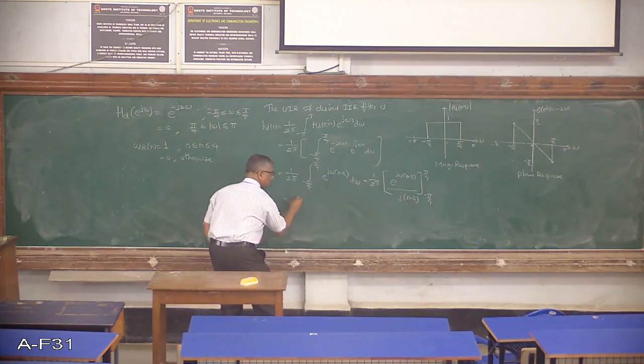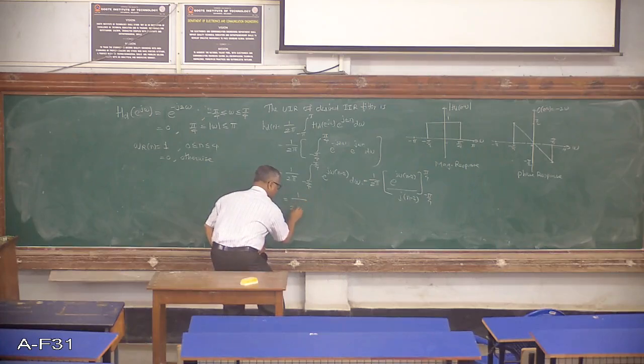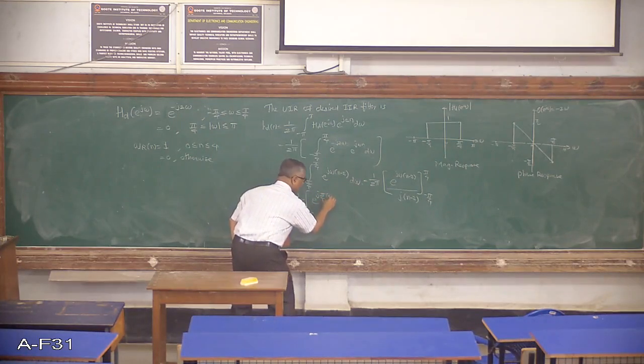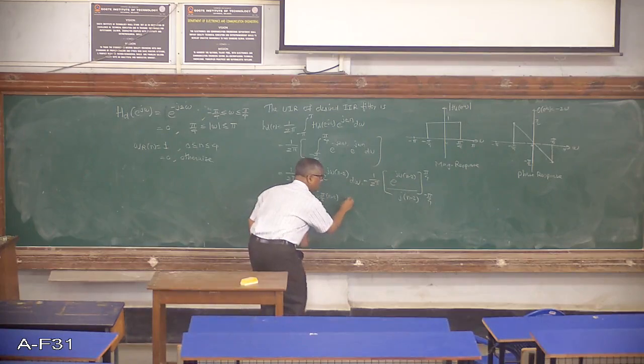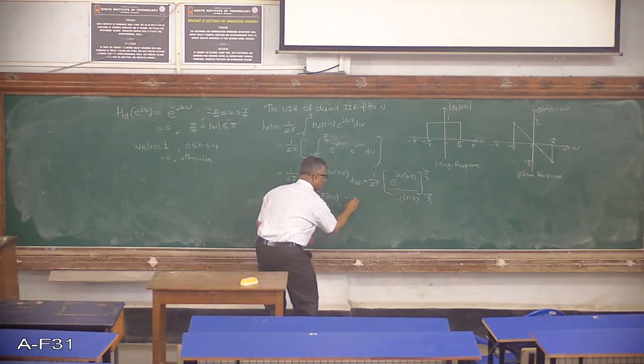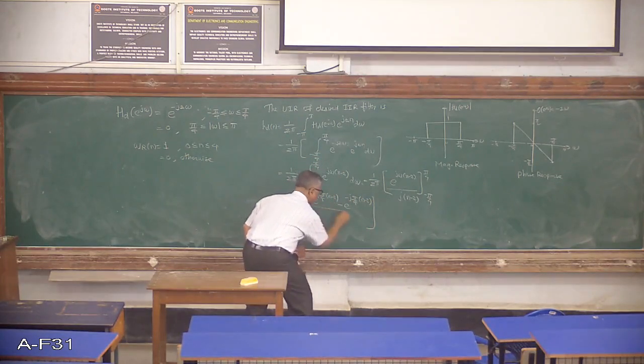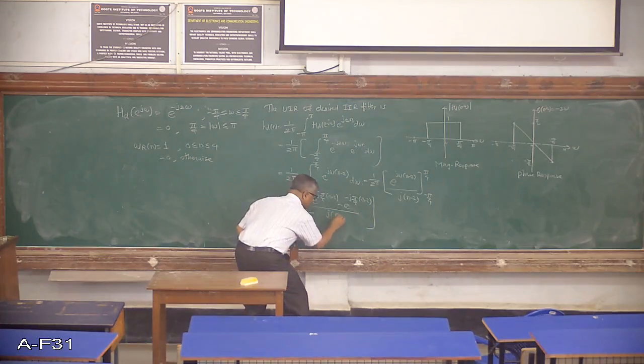you will get this as 1 upon 2 pi. Let me write here 1 upon 2 pi into bracket, you get e to the power j pi by 4 into n minus 2 minus e to the power minus j pi by 4 into n minus 2, full divided by j times n minus 2.